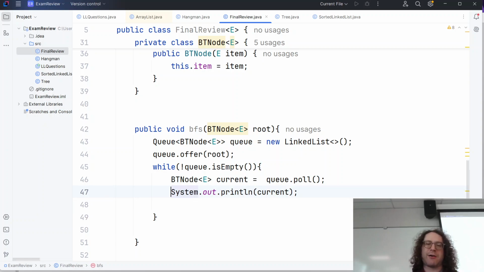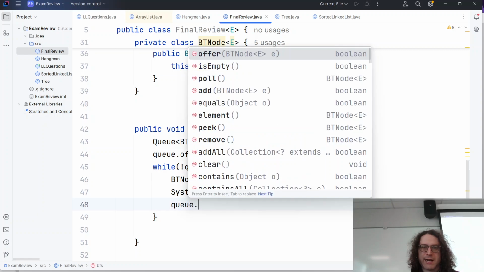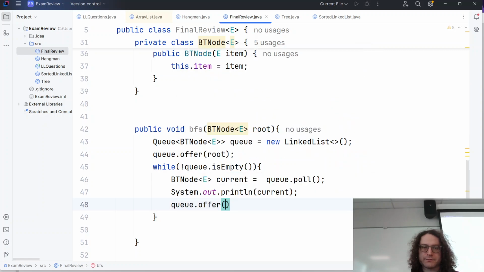Okay, so we're going to print it out. And then we need to make sure that its children get handled, which means that since it's a breadth first search, we add it to the queue. So we say q dot offer current dot left and current dot right. That's it, believe it or not.